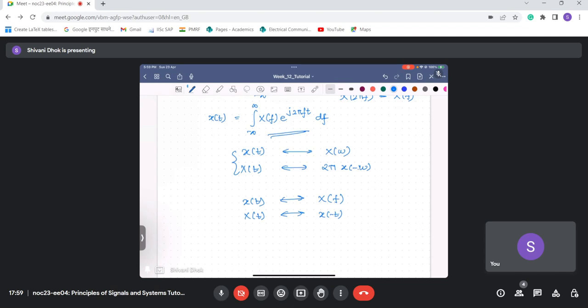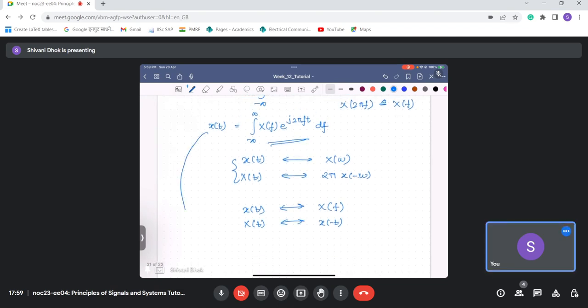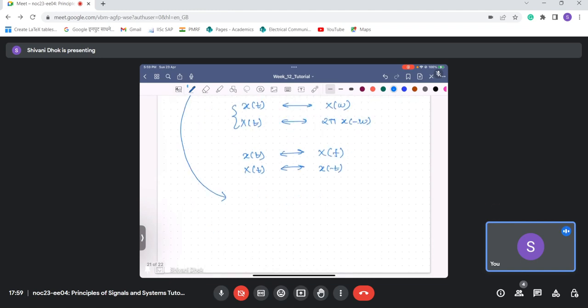Look at this expression. x of t is equal to the integral from minus infinity to infinity of X of f e power minus j 2 pi f t df.